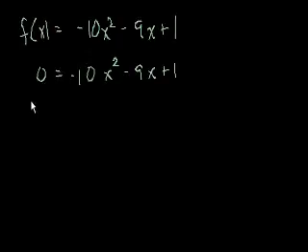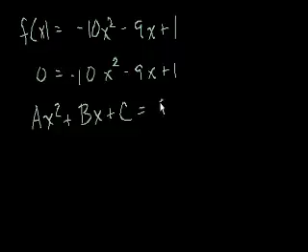And here we can use a tool called the quadratic equation. Now I'm going to give you one of the few things in math that's probably a good idea to memorize. The quadratic equation says that the roots of a quadratic, where the quadratic is ax squared plus bx plus c equals 0, are given as follows. In this example, a is minus 10, b is minus 9, and c is 1.